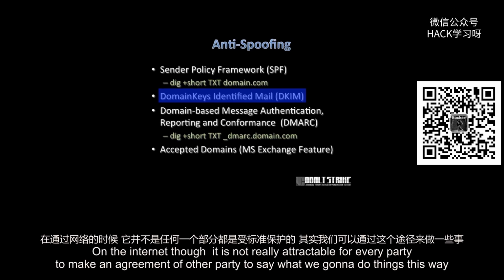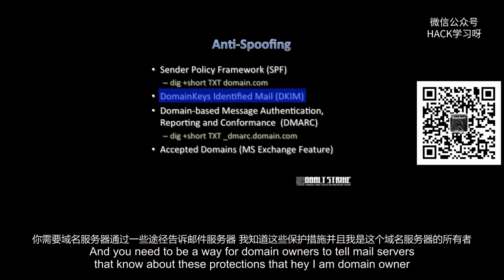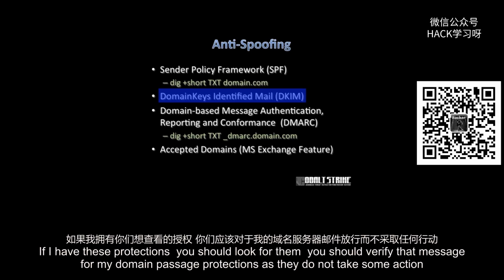On the internet, though, it's not really tractable for every party to make an agreement with every other party to say we're going to do things this way, or at least not to do that one-on-one. There needed to be a way for domain owners to tell mail servers that know about these protections that, hey, I'm a domain owner. If I opt in to these protections, you should look for them and you should verify that messages coming from my domain pass these protections, and if they don't, take some action.